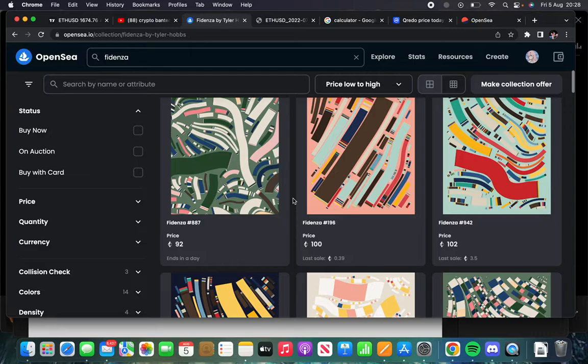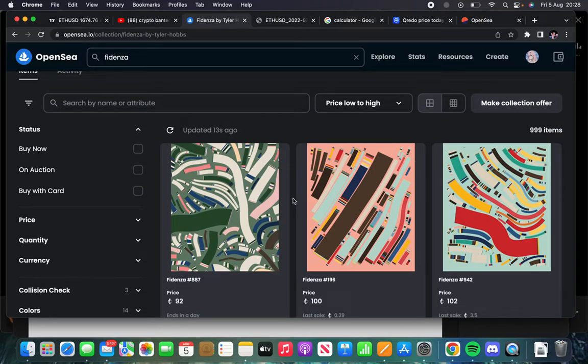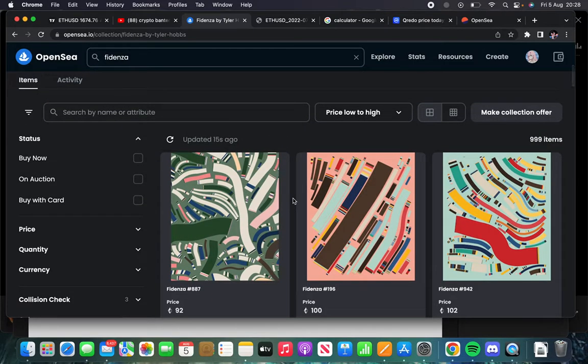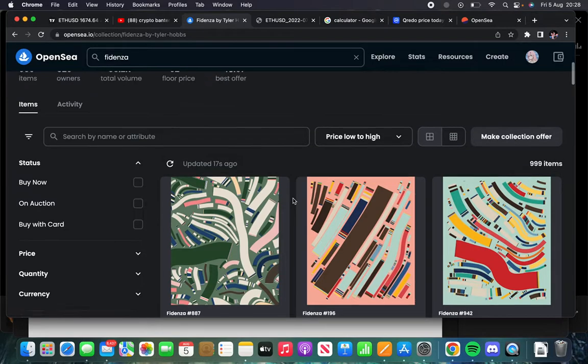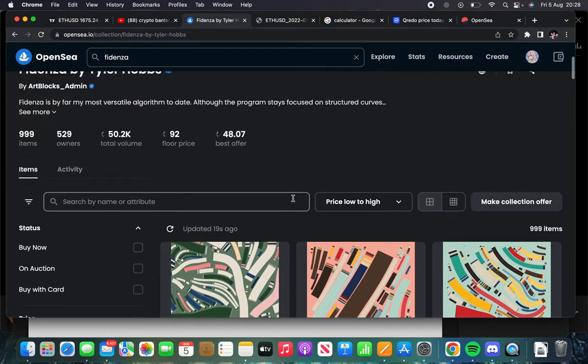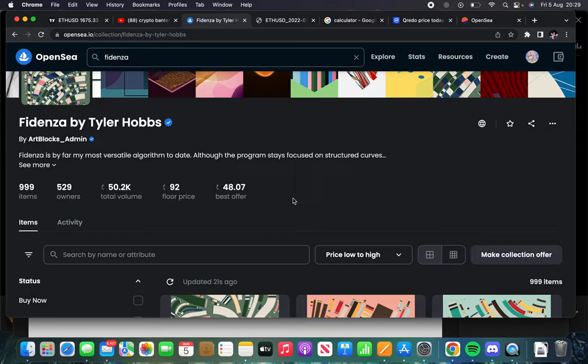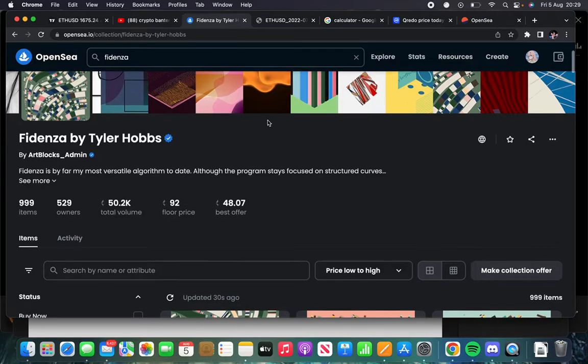I just wanted your take on how you trade these things long term, how you look at it. Because here you're not really talking about volume. You're more talking about who the collectors are, who's the artist behind it. This is a famous artist, right? I don't really know too much about this, but is this a famous artist? Yep, Tyler Hobbs.